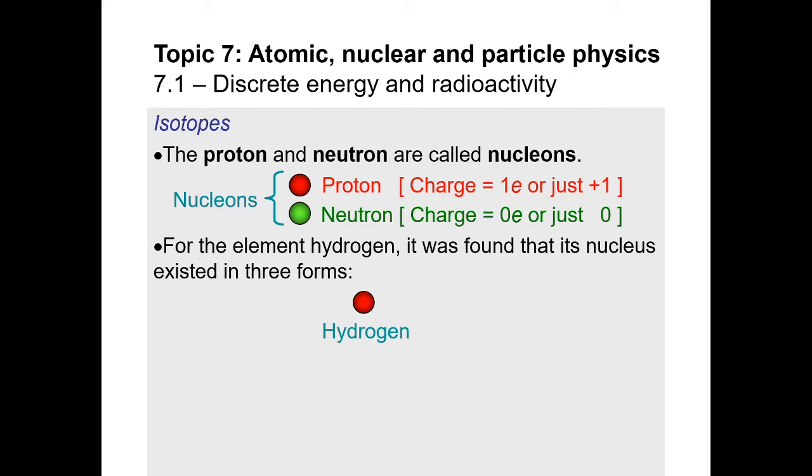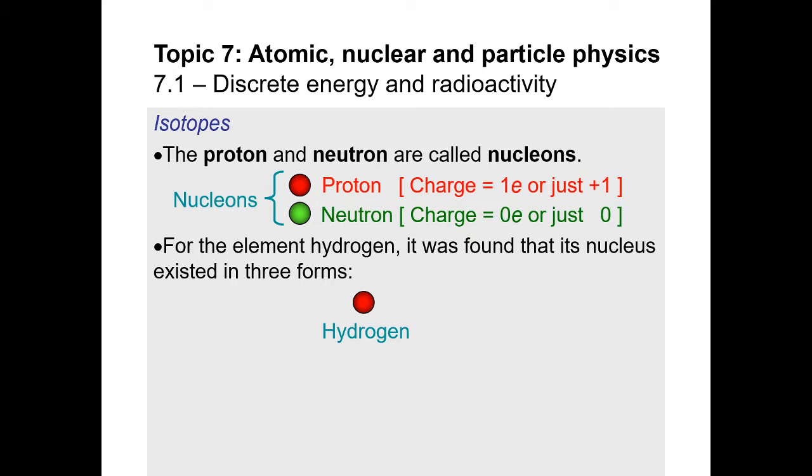Now, hydrogen is an interesting element. Every other element on the periodic table has protons and neutrons inside its nucleus. Hydrogen is the first element on the periodic table and is actually the most abundant element in our universe, with helium coming next. But hydrogen actually doesn't have any neutrons in its nucleus.